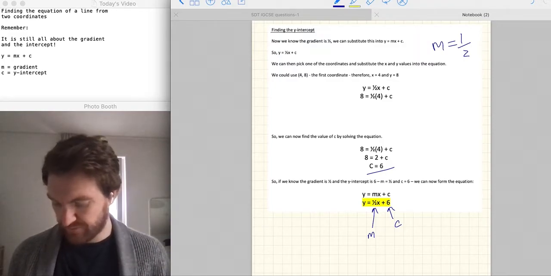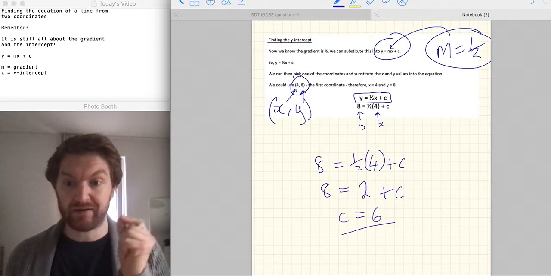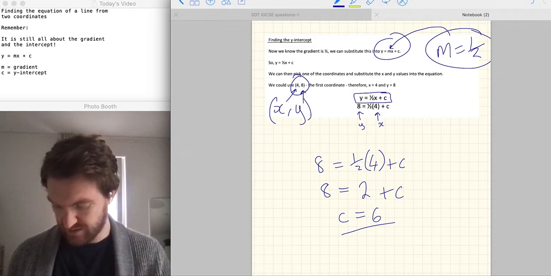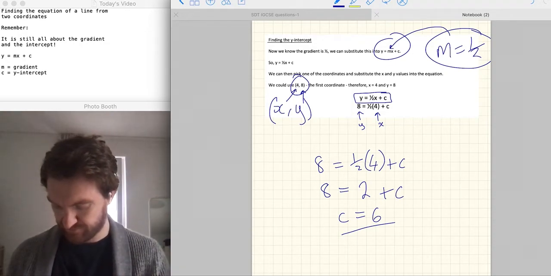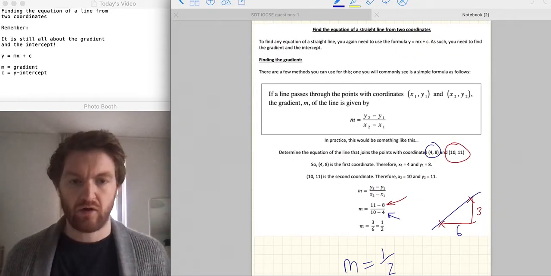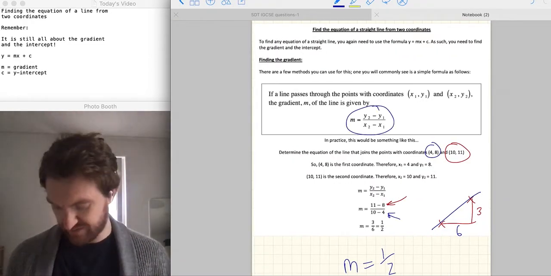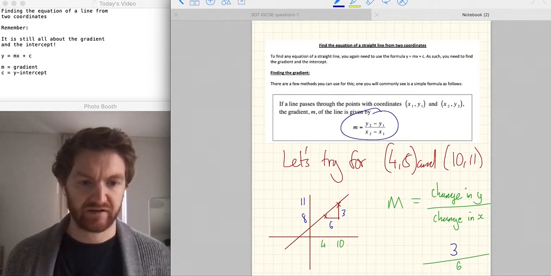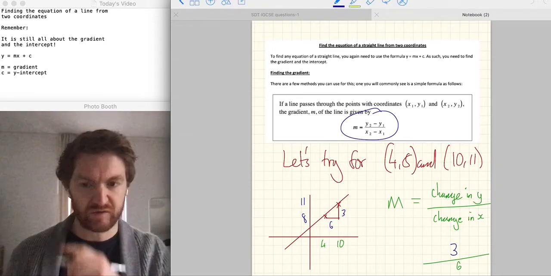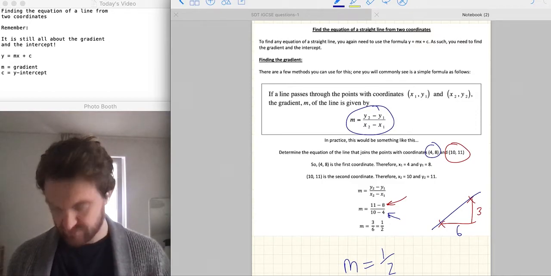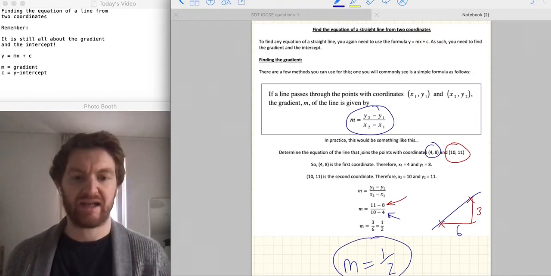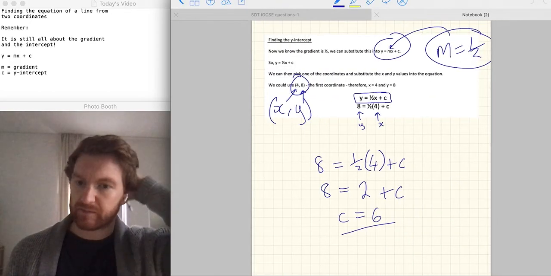So the first thing we did was find the gradient. Always start with the gradient. You can either use that formula by substituting in, or you can just think of it in terms of how much x and y have changed: it's gone up by 3, it's gone across by 6. Once you've got the gradient, you put it into the equation.